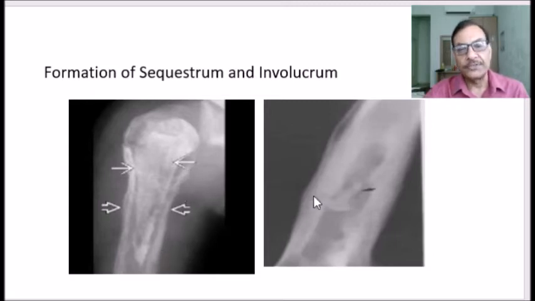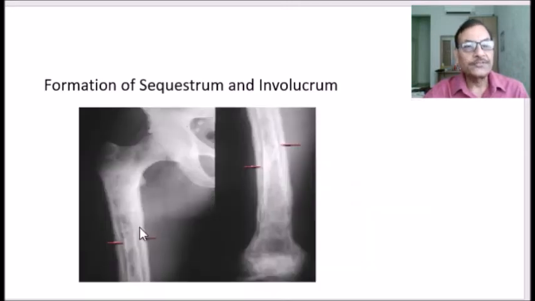Here we can see the sequestrum, a separate lying bone which is dead and separated from the parent bone. So we can see here, the whole of the shaft of the femur, probably whatever we can see in all the part of the X-ray, this is dead.